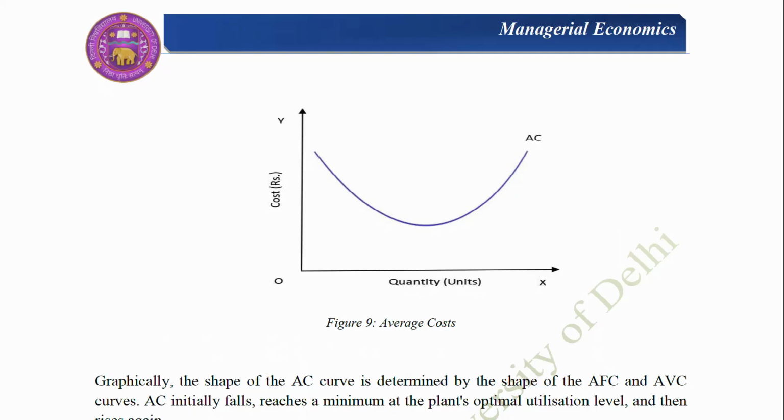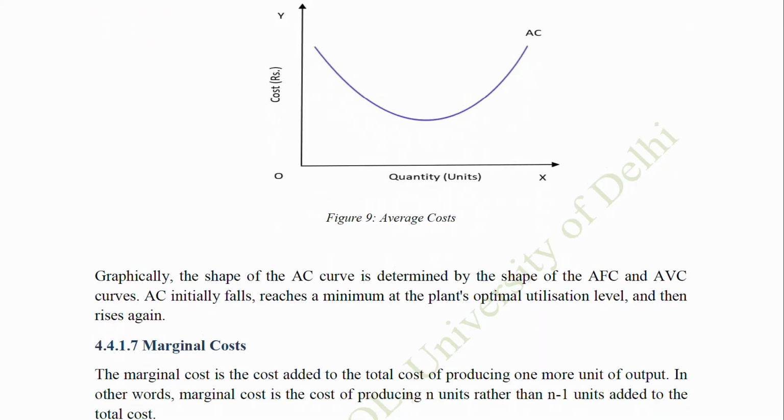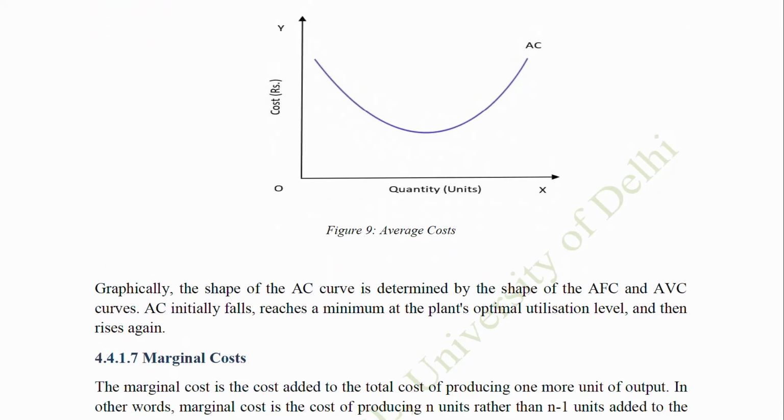Figure 9 shows the graph of average cost. Graphically, the shape of the average cost curve is determined by the shape of the average fixed cost and average variable cost curves. Average cost initially falls, reaches a minimum at the plant's optimal utilization level, and then rises again.